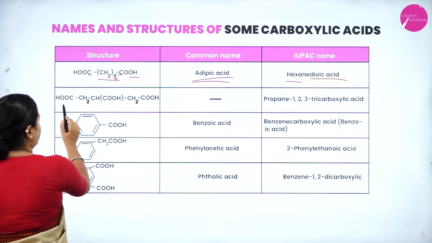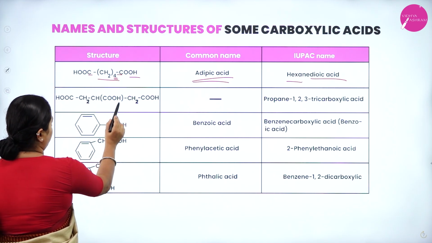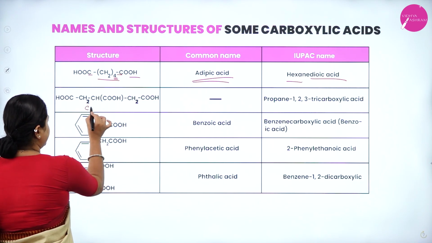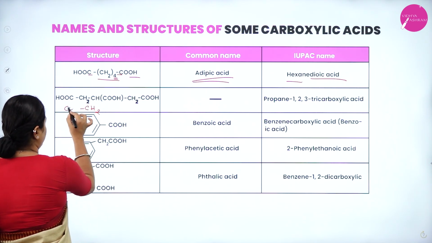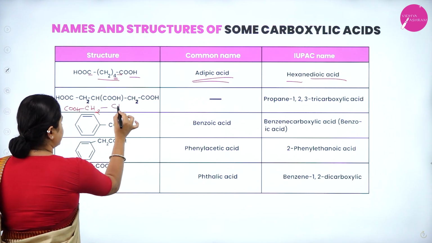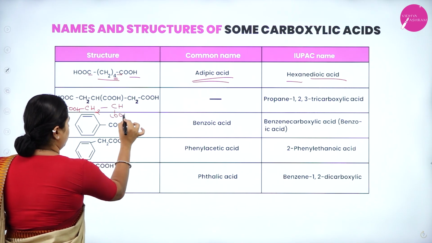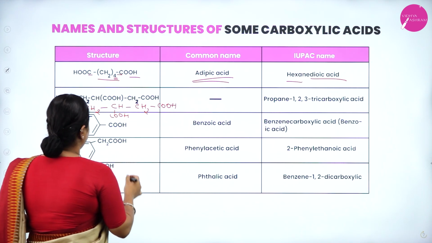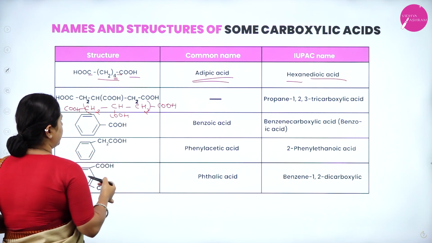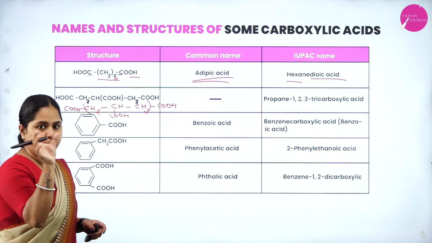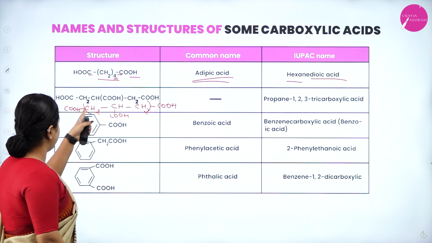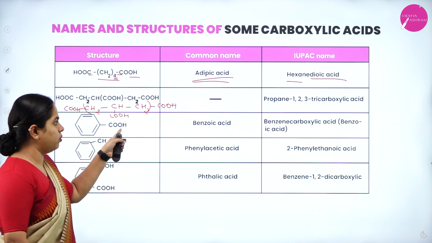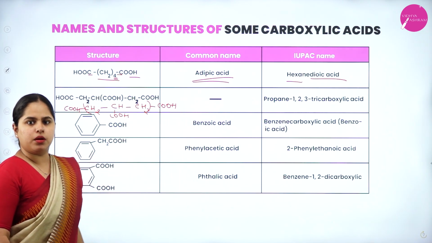The next one is COOH, CH2, CHCOOH, CH2 COOH. So here you can see CH2 COOH is there, and on the second carbon atom you have another COOH, and on the third carbon atom you have another COOH. So this much part can be considered as your principal chain, that is the propane, and on the first, second and third carbon atoms you have a carboxyl group.